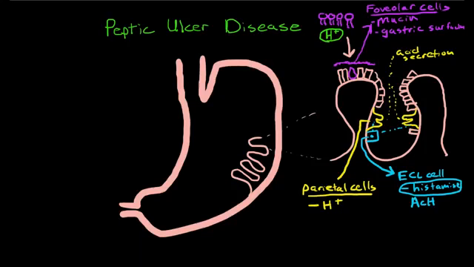Now, 20 years ago or so, we thought that this was the major stimulus for acid secretion, and we invented a class of medications called histamine blockers.